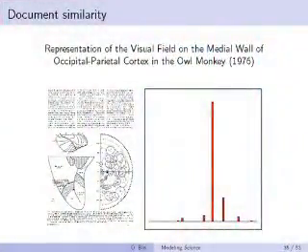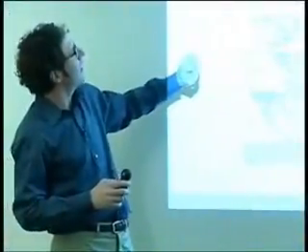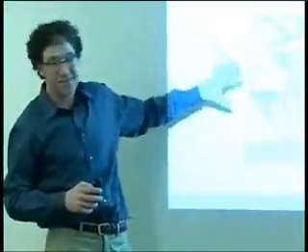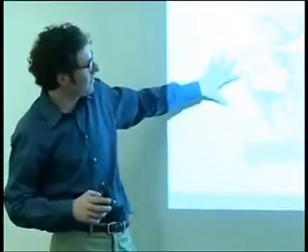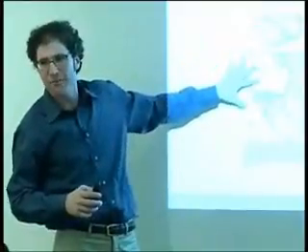Now, of all the 130,000 documents, the most similar document to this one is, oh, there it is: Representation of the visual field on the medial wall of the occipital parietal cortex in the owl monkey, which is essentially about exactly the same thing. In 1976, somebody bumped the monkey on the brain, opened it up, and drew what they saw.